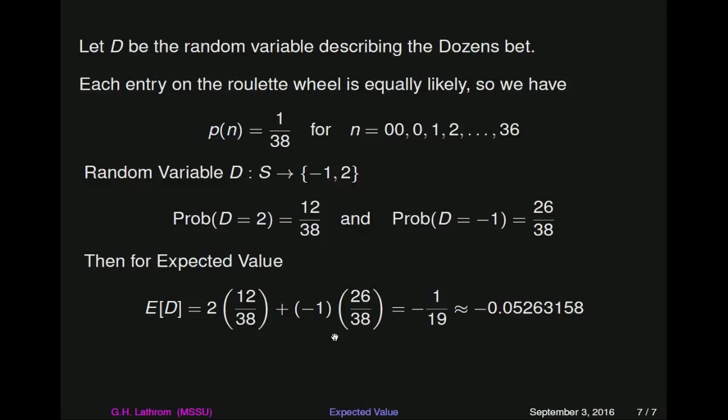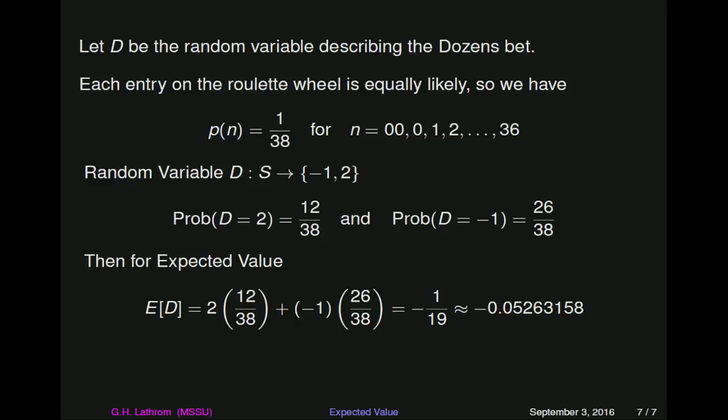Now if we make that calculation, we end up with a value of -1/19. Now that -1/19, if we look at the decimal expansion of that, lo and behold, we get 0.0526. Now that should look familiar from the previous slide. As a percent, that would give us 5.26. In the previous slide, that was referred to as the house advantage.